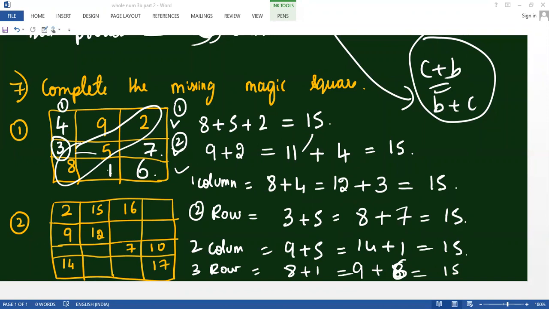Now let me take this column, that is 2 plus 10, that is equal to 12. So to get 30 we need to add 18. So then only we'll get 30. 18 will be the answer.